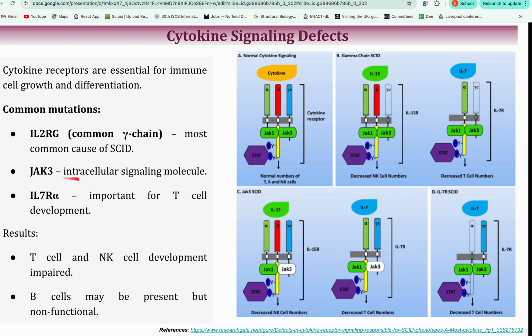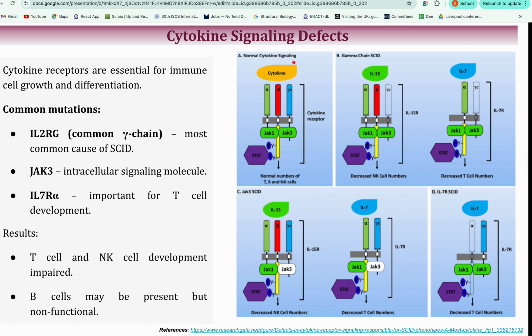Then comes JAK3, which is the intracellular signaling molecule, and IL-7R alpha, which is important for T cell development. So it results in impaired T cell and natural killer cell development, and B cells may be present, but they are non-functional in the case of cytokine signaling defect.